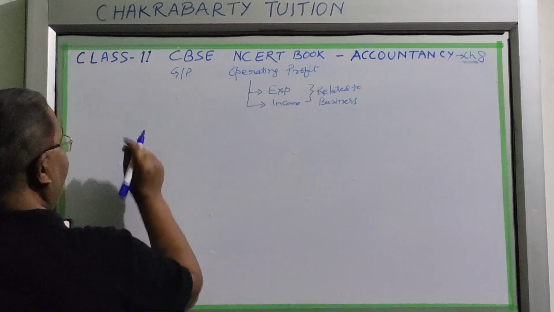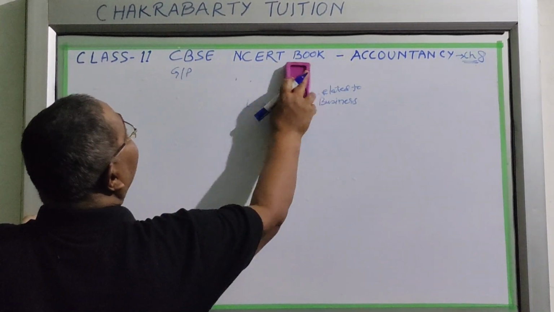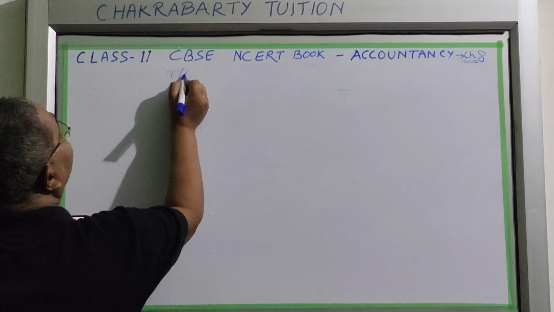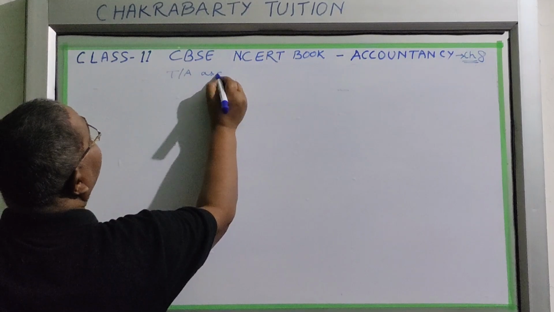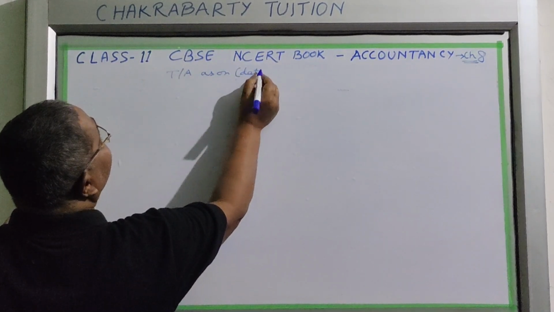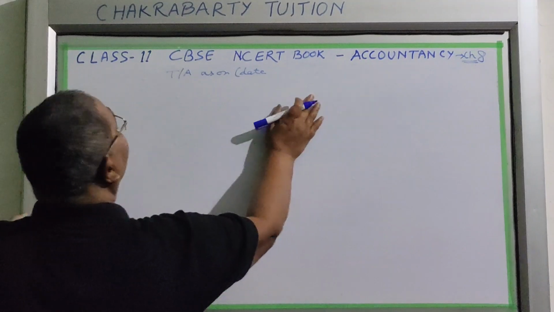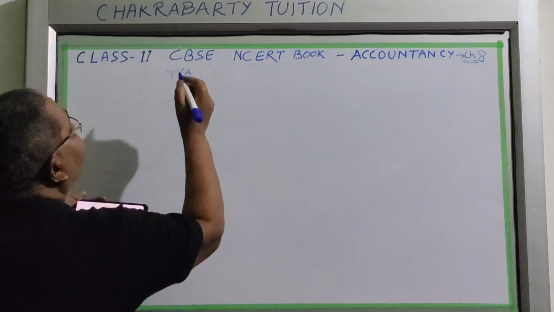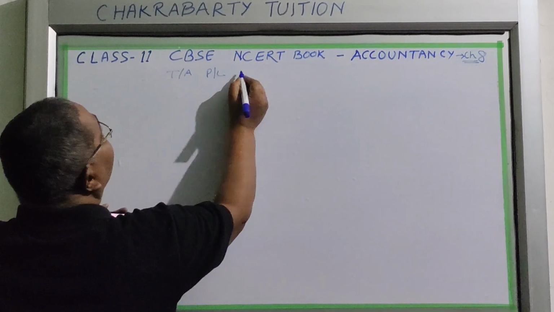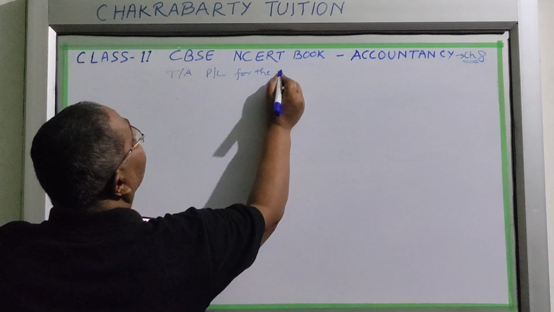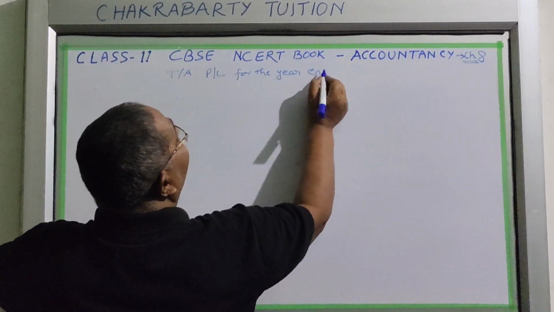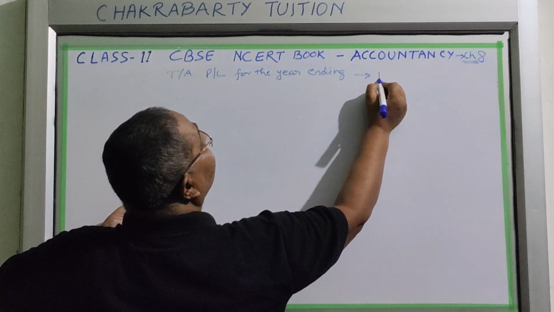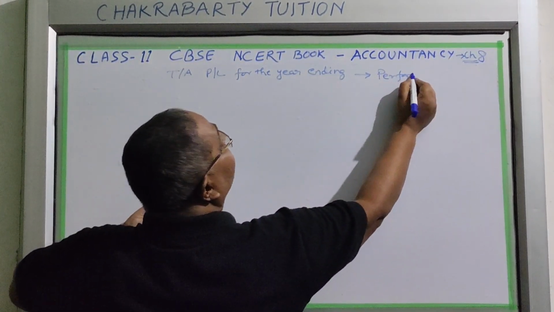So first for GP we will always go for the trading account. For GP we are going to make a trading account. The trading account or PL account are for the year ending, so they show the performance.